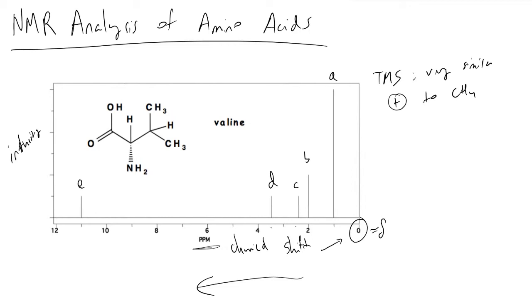The first peak we're going to come across is peak A, and peak A is very close to the methane and TMS signal. If we just eyeball this molecule, we note the presence of two methyl groups sticking off our beta or gamma carbon in valine.